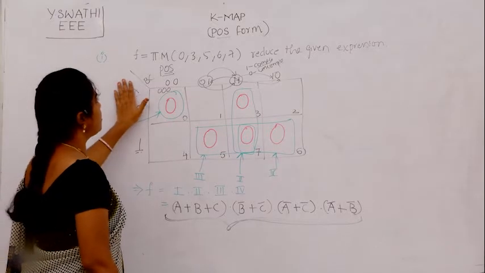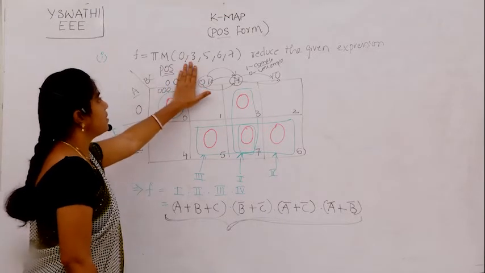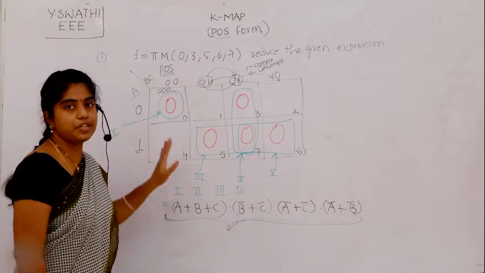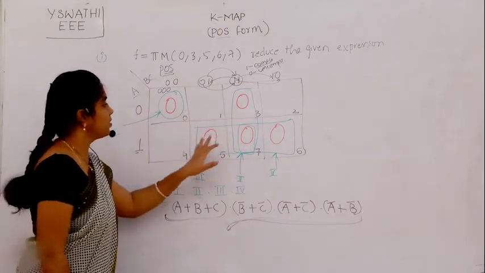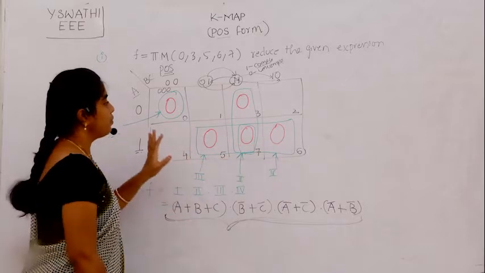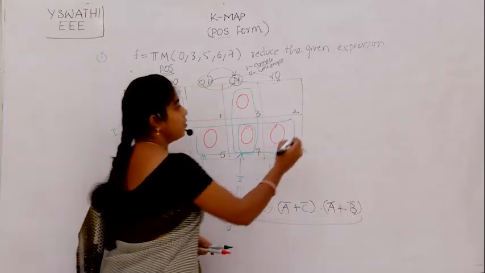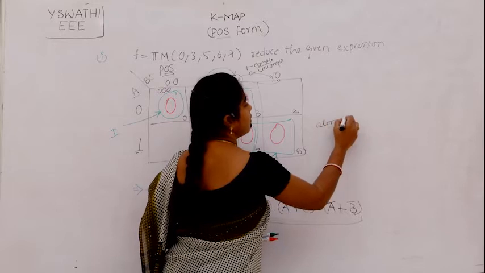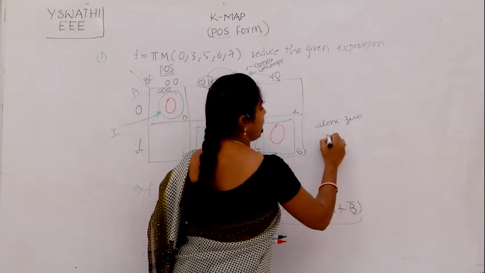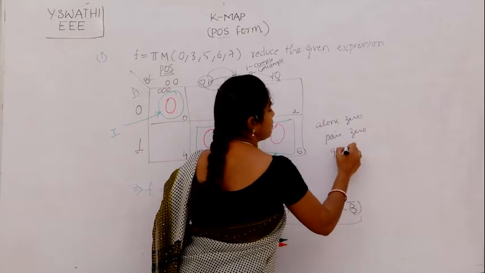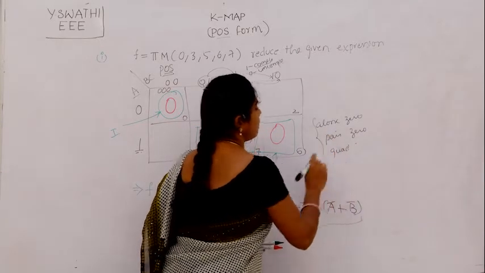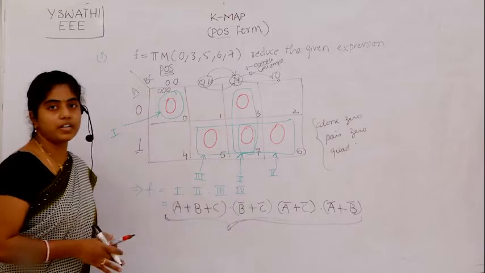After that, you should represent the max terms which are present in the function with zeros in the K-map. After that, we should check for alone zeros and pair of zeros and quad of zeros and octet of zeros, and we should group them accordingly.